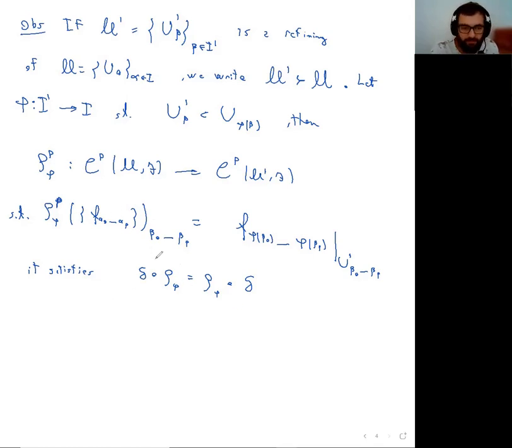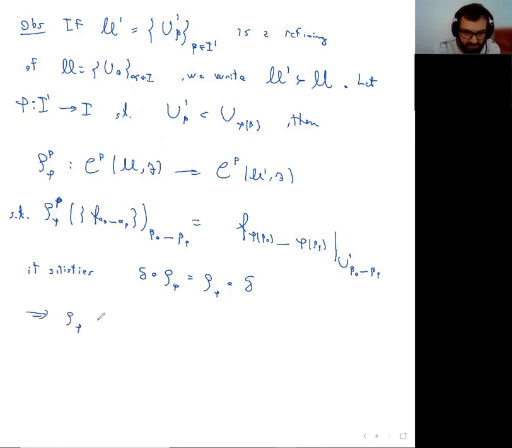Because when you apply delta, this is just like a linear combination, and this is just like replacing indexes. So the point is that the indexes are replaced with the same phi. So if you have a beta 0, you don't every time pick a different alpha, but you always choose the same. So that's why you have commuting.